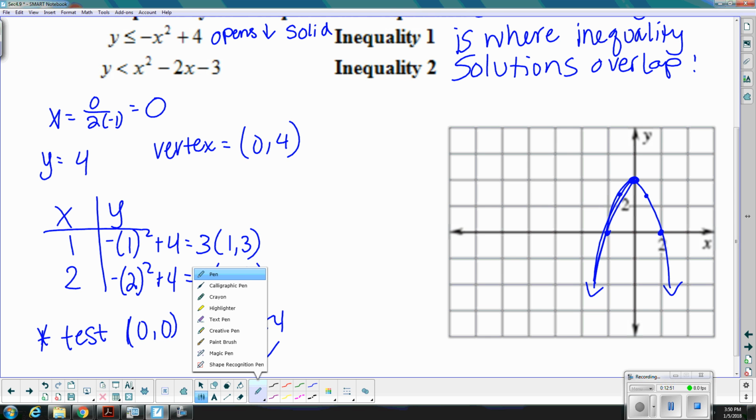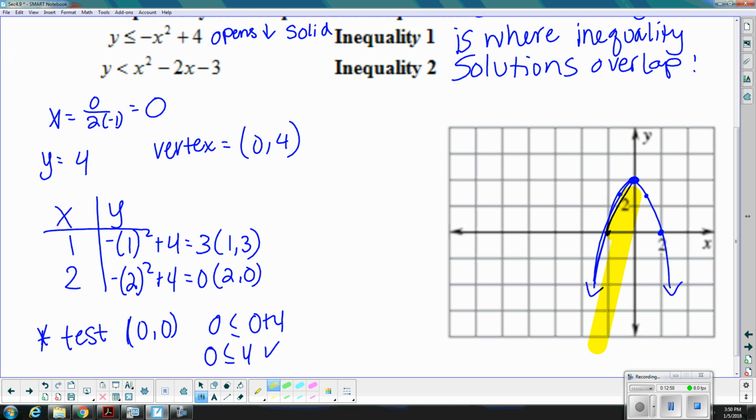Yes, it is. So I'm going to shade that region of my graph. And you can use highlighter or pens or whatever colored pencils you want. It is easier if you use something other than just a regular lead pencil, so use some kind of color.